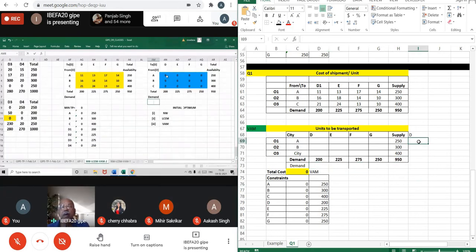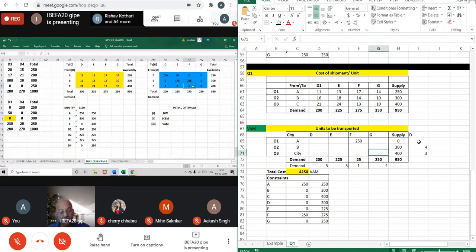This is my allocation matrix. So first I am doing by northwest corner method. A to D, 200, 1050. Down it will be 175, and left it will be 225, and 50.